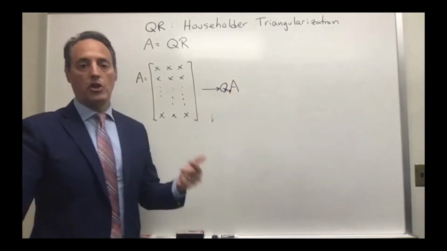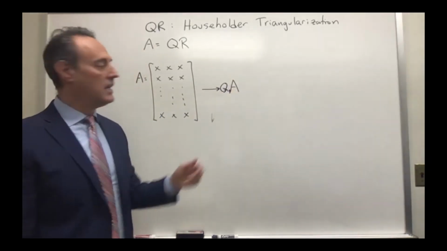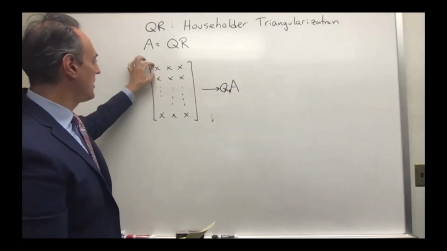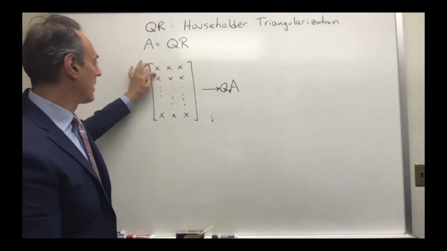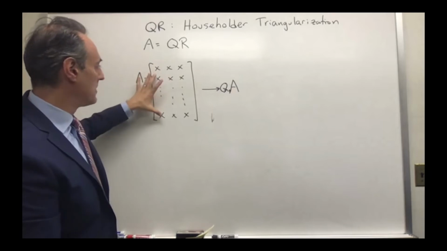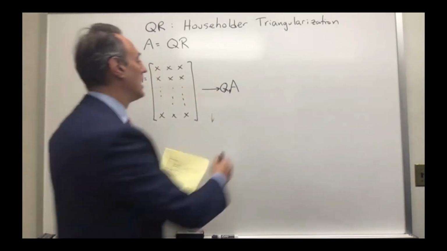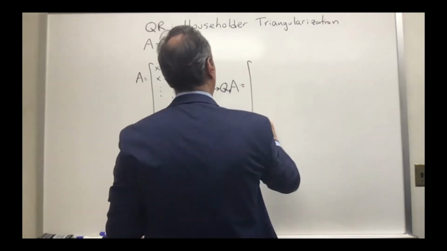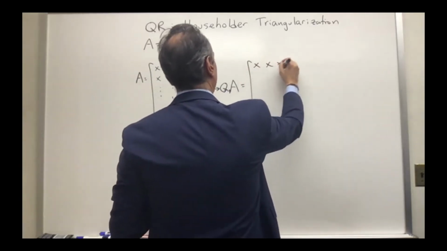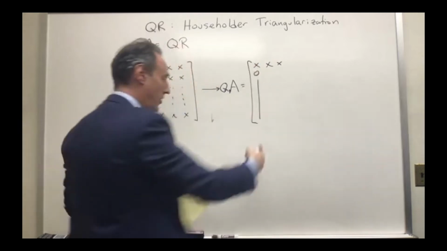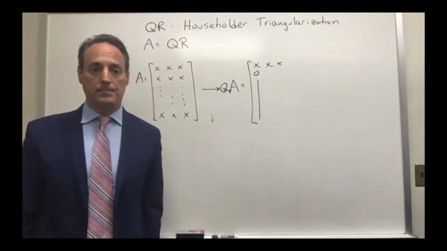So what I want the Q1 matrix to do is to make all the numbers below this first diagonal be zeros. So I want to pick a matrix Q1 so that after this multiplication, those are all going to be zeroed out.